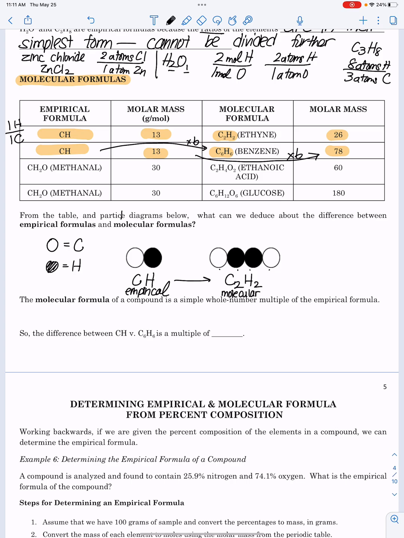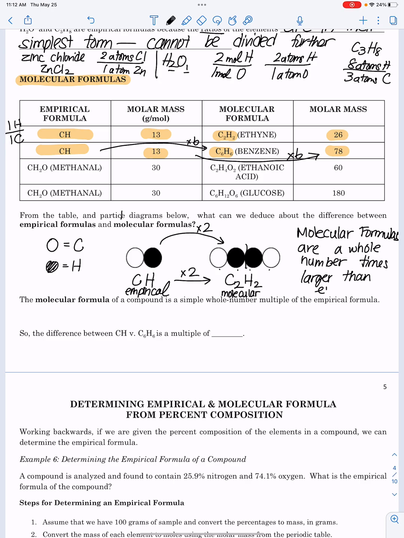To go from empirical to molecular, it looks like I'm multiplying by some whole number. This one is 2. It looks like to go from empirical to molecular, I multiply my particle diagram by 2. So molecular formulas, to write this down, are a whole number times larger than empirical. So for this one, it was 2.